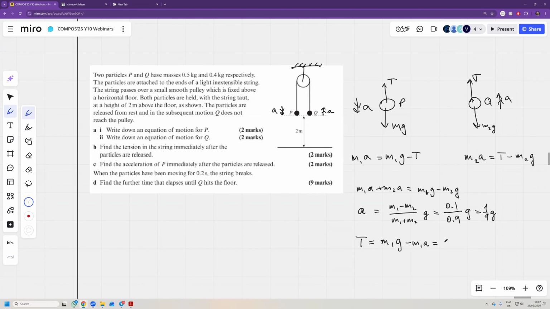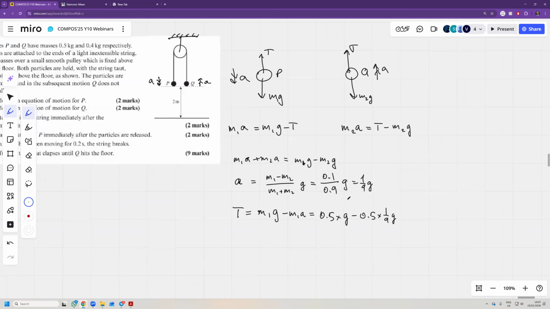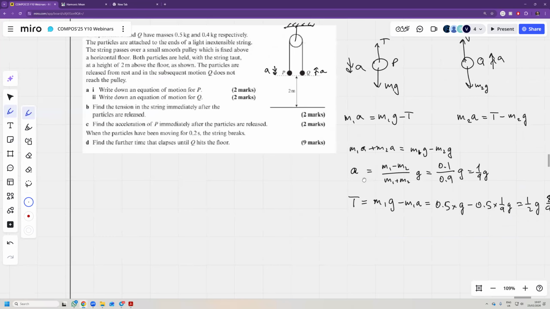So M1 is 0.5 times g minus 0.5 times 1/9 g. So it's half g times 8/9. So that's 4/9 g newtons, of course. Right, so that's the tension.